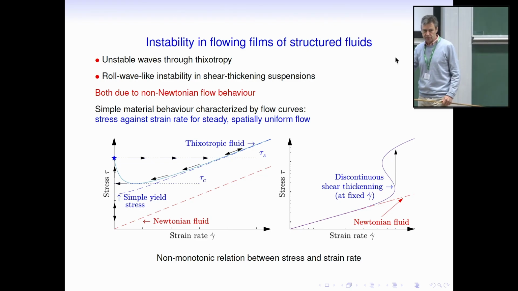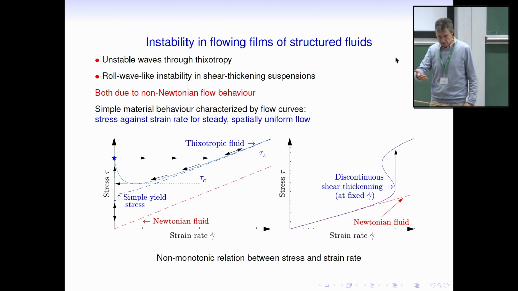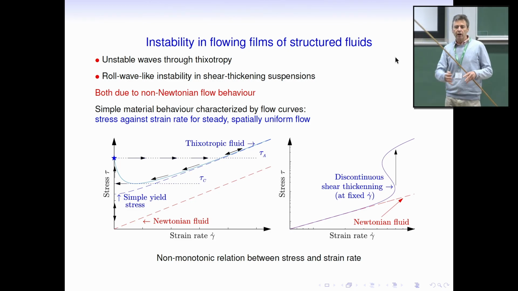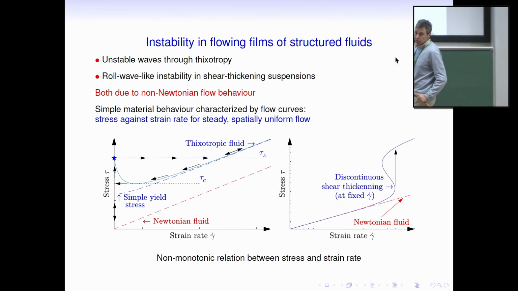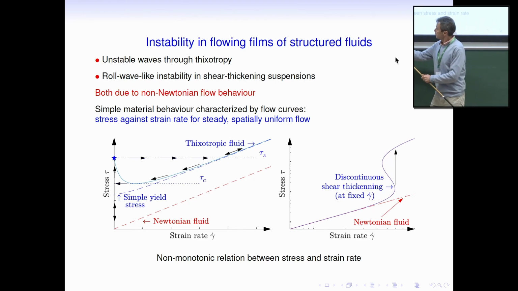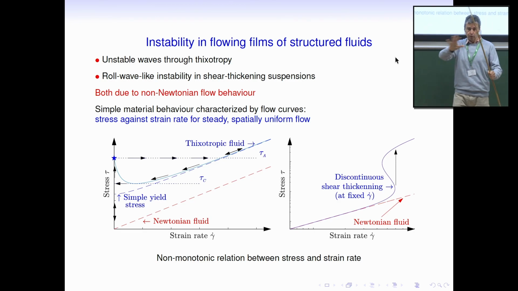And the way that people describe that in a simple way is to imagine that you have steady, spatially uniform conditions and you plot the so-called flow curve. So you've got the strain rate or the shear rate or the deformation rate against the stress. That's the flow curve.